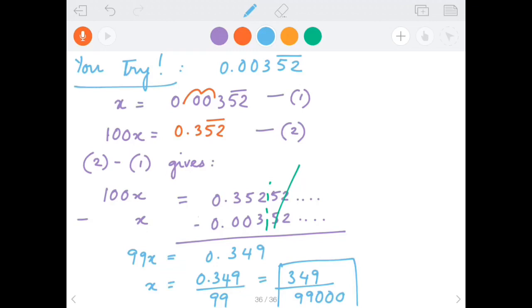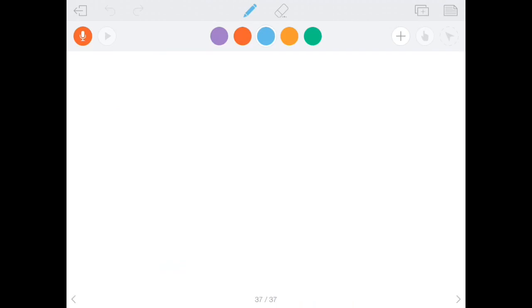Let's try another one. x equal to 15.712, and bar is on 1 and 2. This is something I want you to try.